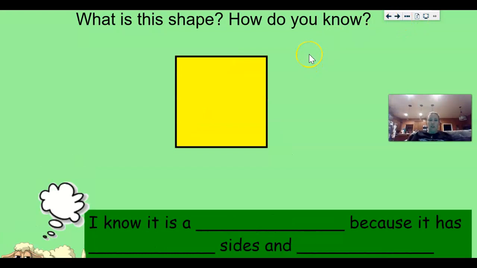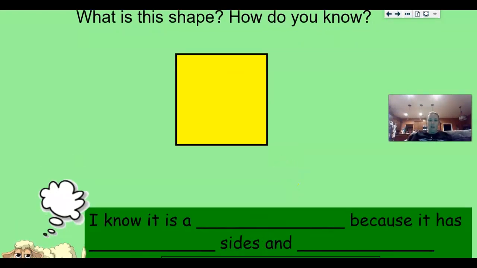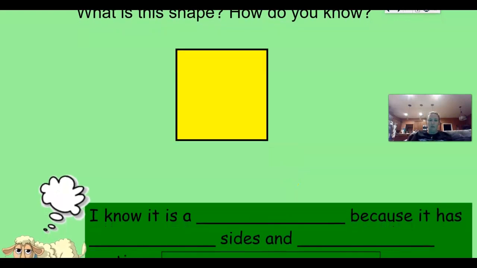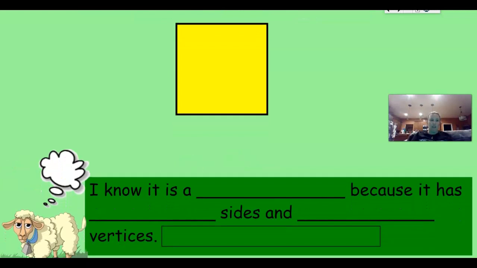What about this? What shape is this, boys and girls? And how do we know? I'm going to move our screen down a little bit so you can see all of it. What shape is that and how do you know? If you said a square, you are right. Let's type it, square.